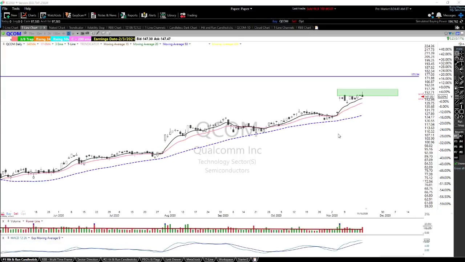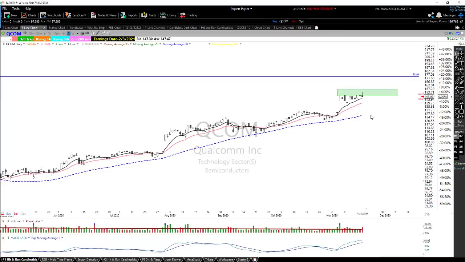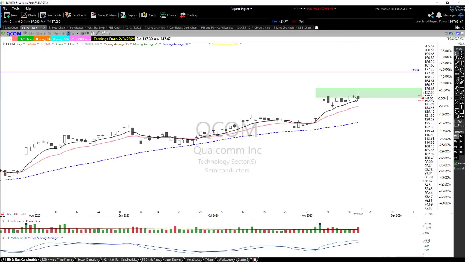And the last one I have here is QCOM. Now, QCOM not looking so great price action wise, but chart pattern wise, right there, I like that chart pattern. I see we're opening up at the downside today, or at the lower end of yesterday's candle. Well, what I'm going to wait for is the bulls to step in.